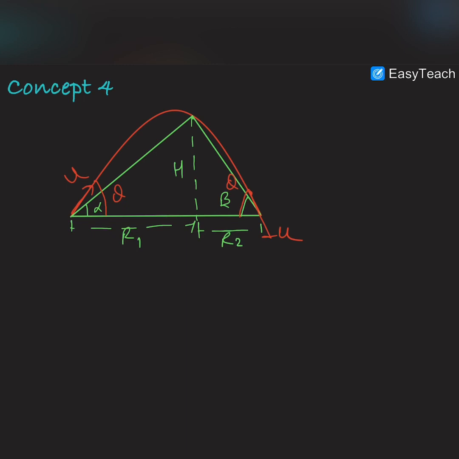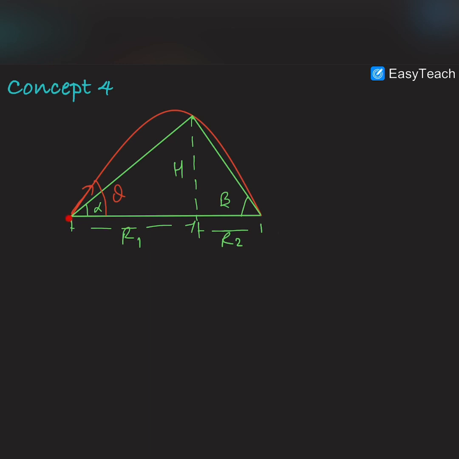Okay, now let us see that if there is a triangular wedge, you can see that this is a triangular wedge, and one end of this wedge is at the point of projection and the other end of this wedge is at the point where the projectile will land.